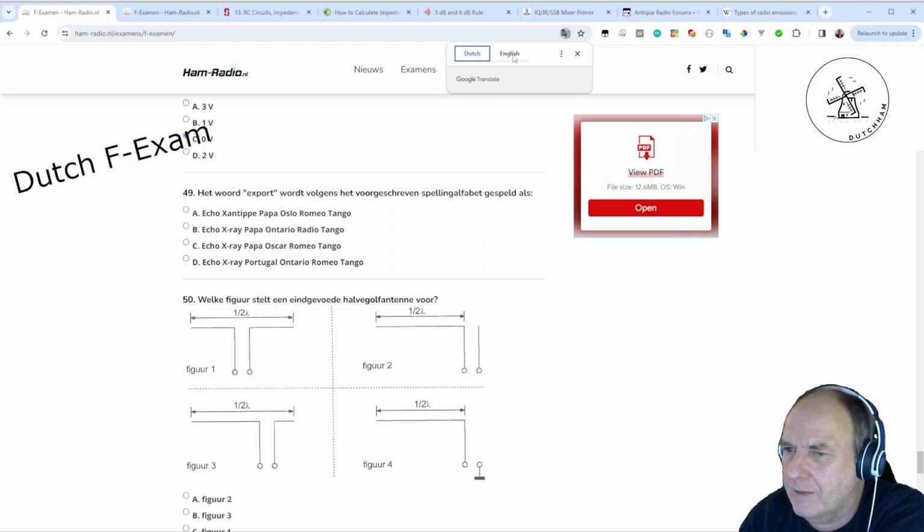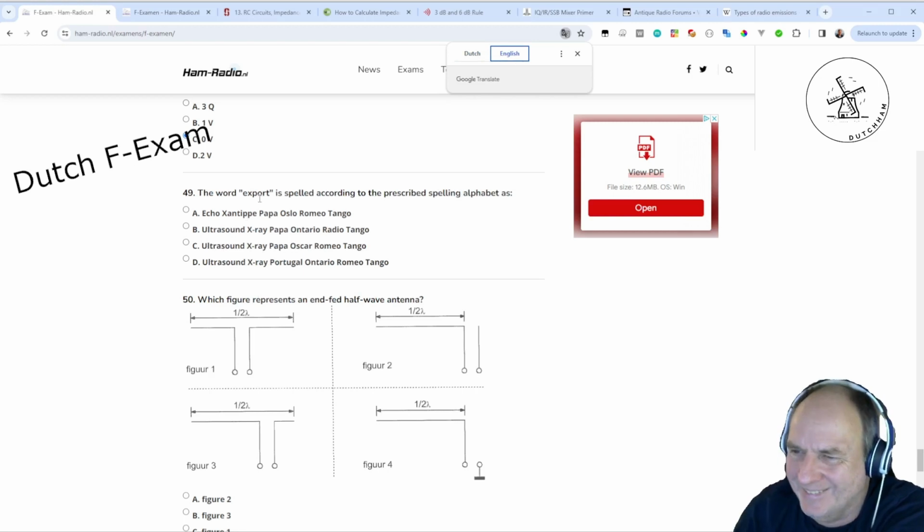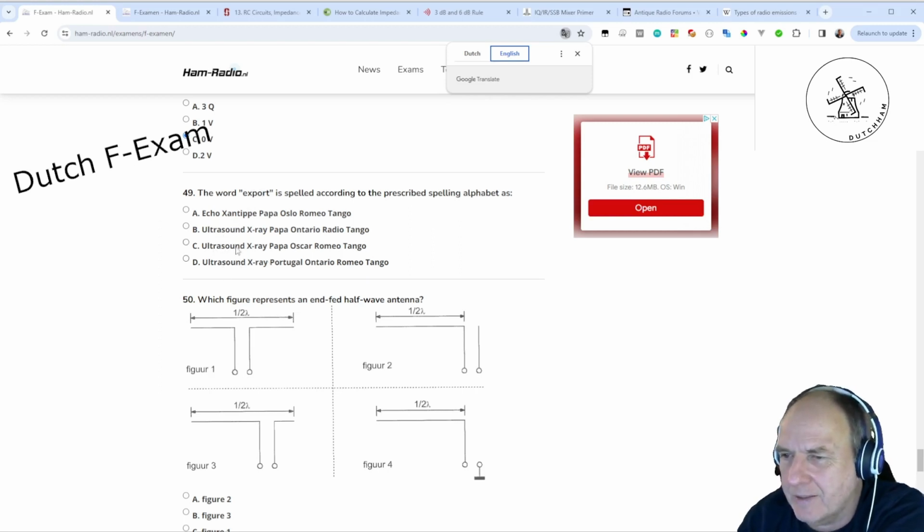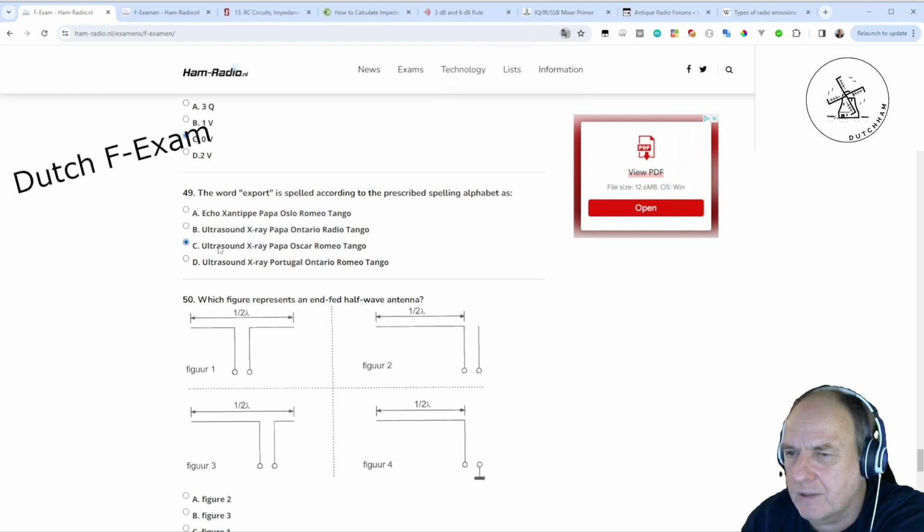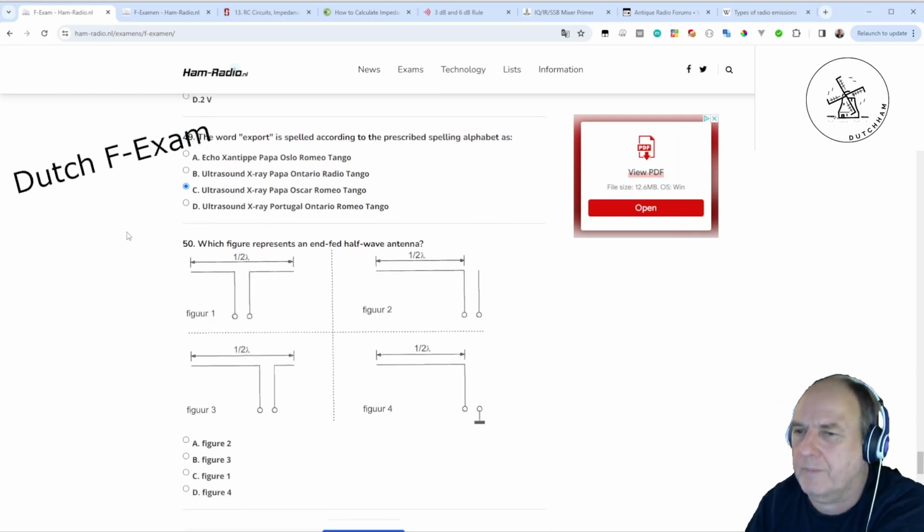Why the hell are they translating echo as ultrasound? So the word is correct. So for ultrasound we have to read echo somehow. So then it is Echo, X-ray, Papa, Oscar, Romeo, Tango. So answer C. But yeah, Google Translate is messing that question up.